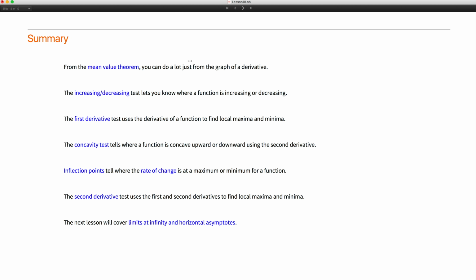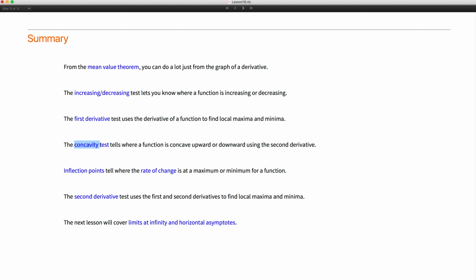And it's time to summarize. We learned quite a lot in this lesson. So first of all, we learned that the mean value theorem is crucial for understanding how to graph a function starting from its derivative. So we learned about the increasing decreasing test for when a function increases or decreases. We learned the first derivative test for finding local maxima and minima.